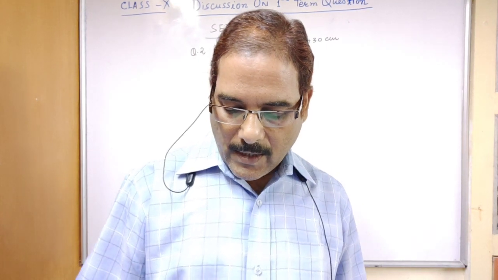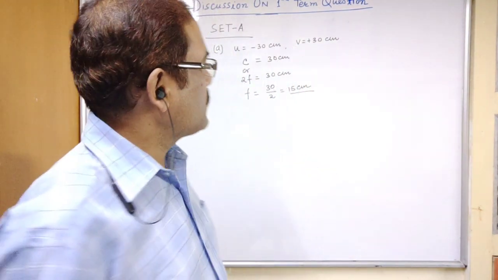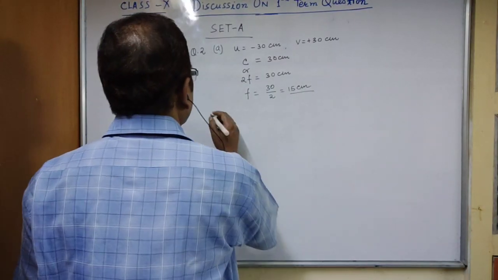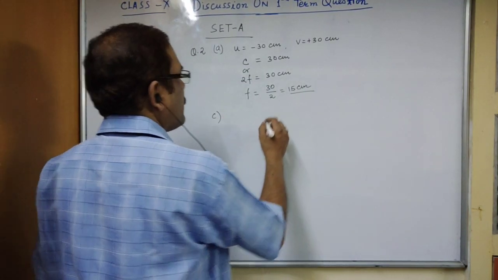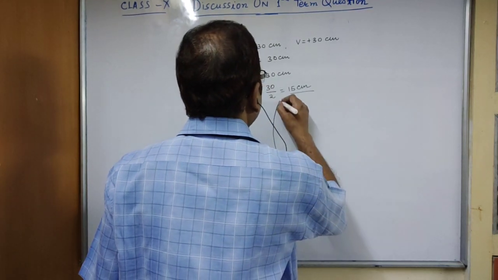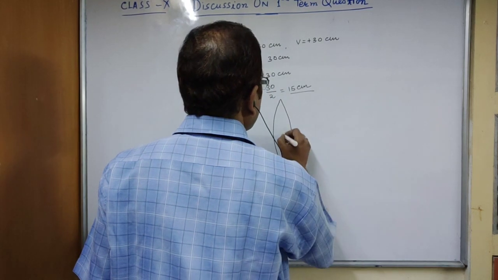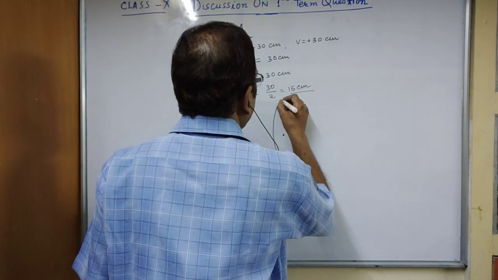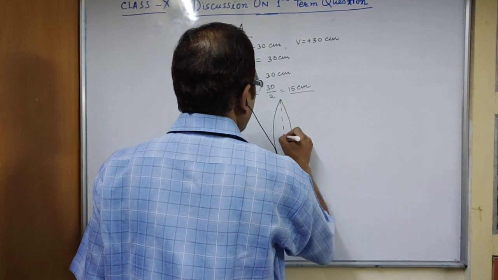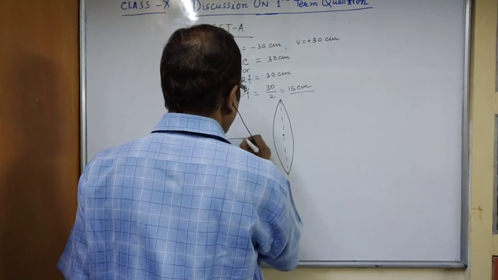And for the third part, you have to draw a diagram. The diagram will be like this. You have to draw a convex lens. Mark the aperture like this.